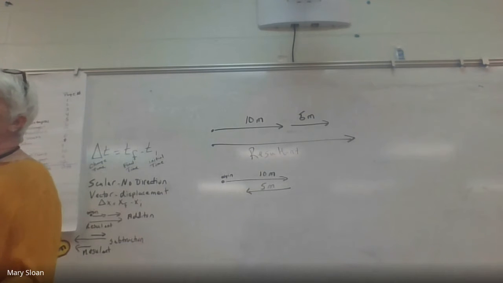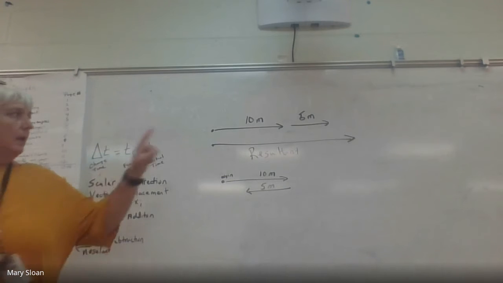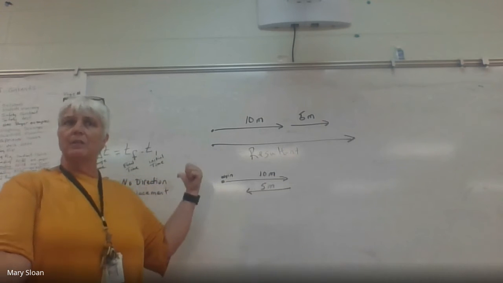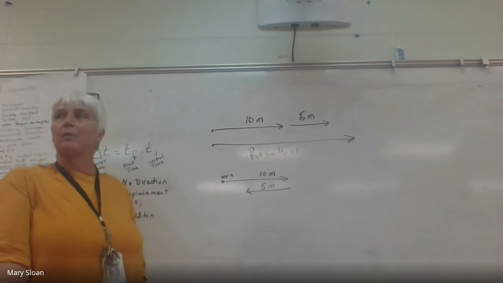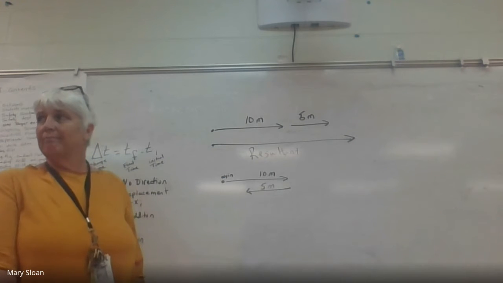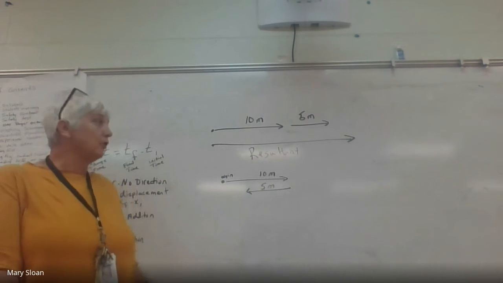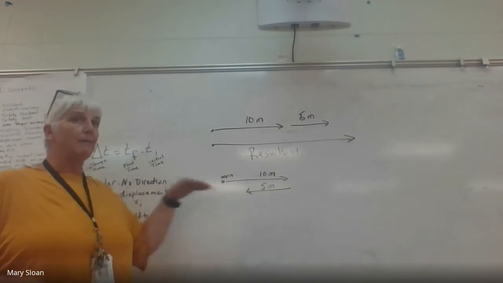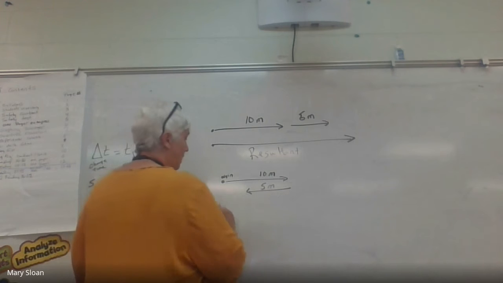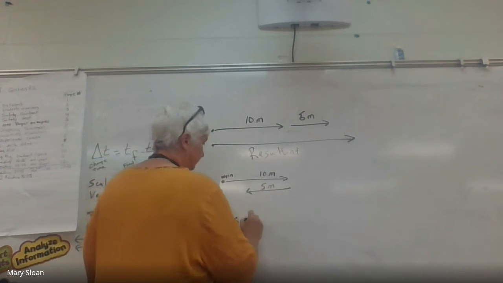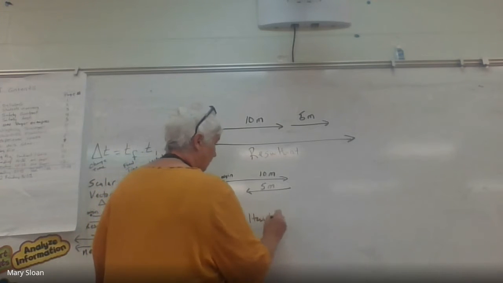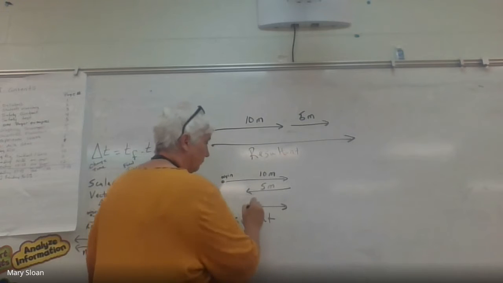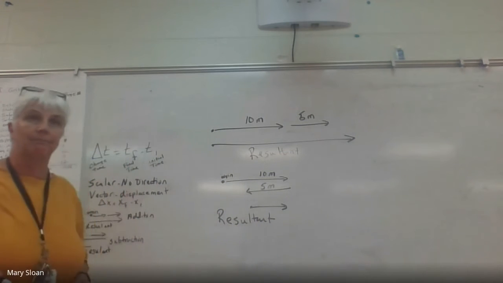It's going to be the difference, isn't it? So 10 is going that way, 5 is going that way. What do you think my resultant is? 5 in which direction? 10 that way, 5 that way. My resultant is going to be 5 that way.